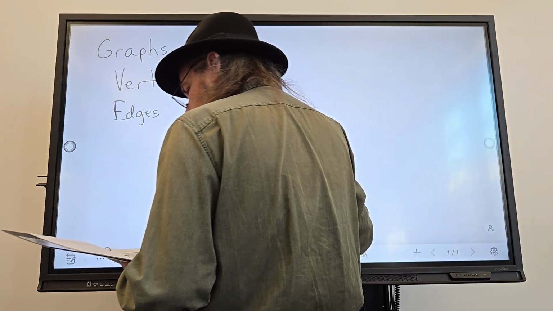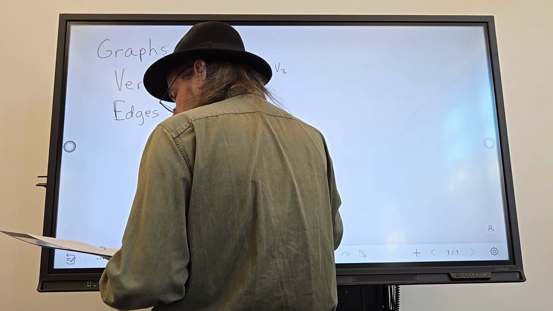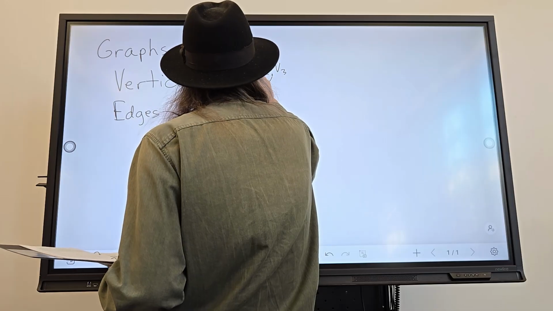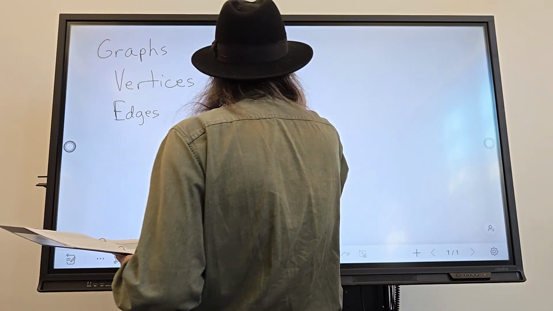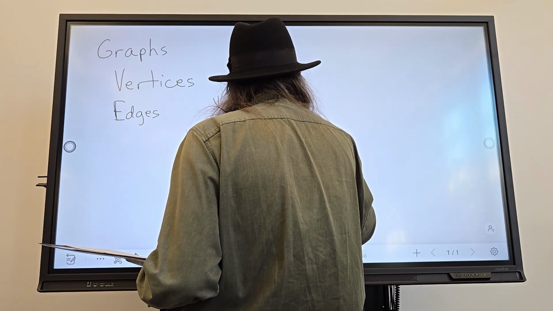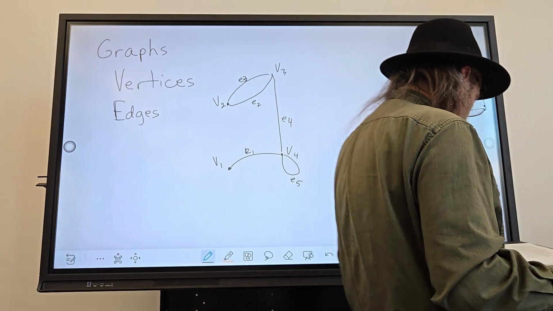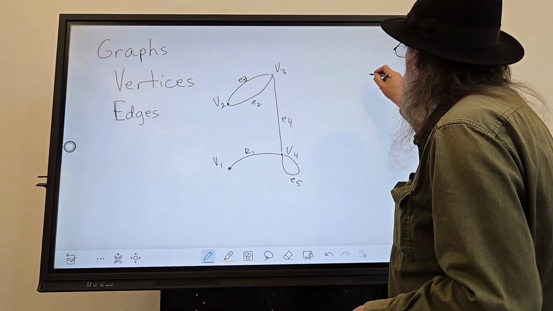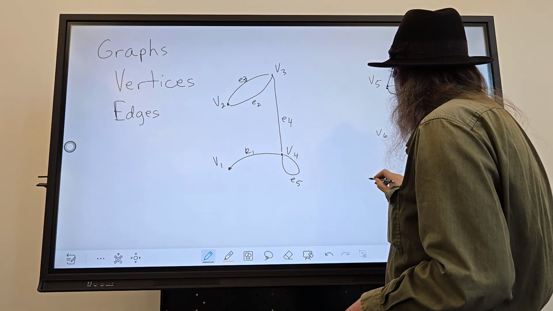Here is E1, E2, E3, E4, and E5. Then V5, V6, and E7.